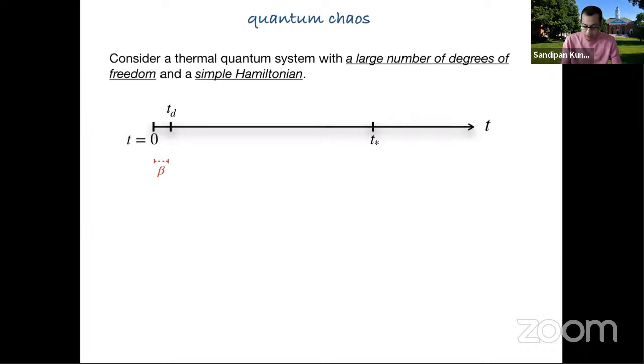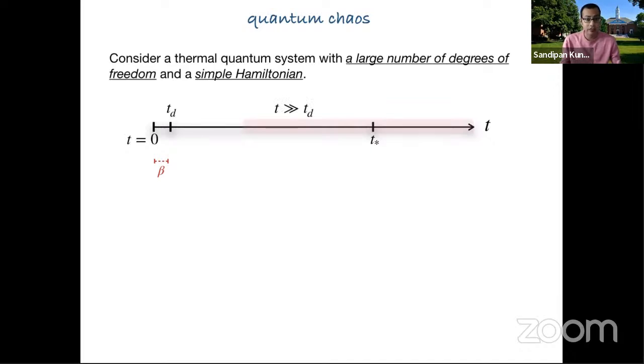First is the dissipation time, t subscript d. It is the time scale above which thermal two-point functions decay exponentially fast. Also above the dissipation time, all time-ordered correlators factorize. Roughly speaking, the dissipation time is parametrically of the same order as beta, where beta is inverse temperature.